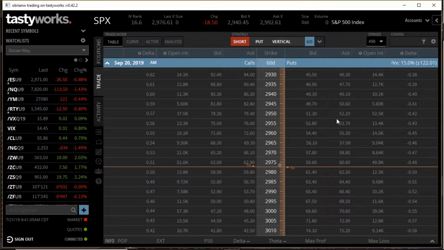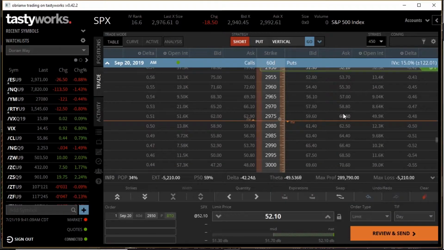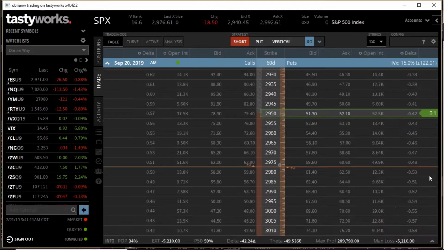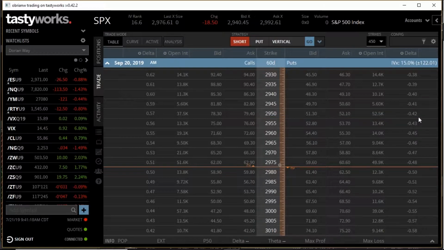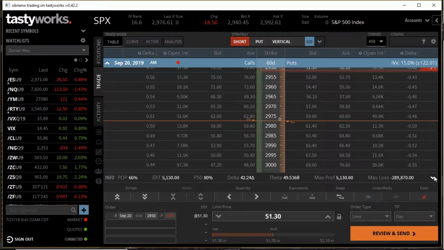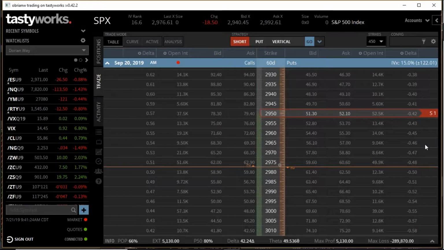So if we're looking at that $29.50 strike and we click on the ask, then it's going to turn green, and that's where we buy at. Okay, and if we sell at the $29.50, then it's going to be red, and that's where we sell at. And this same type of color scheme is going to be on the Thinkorswim platform, and it's the same type of concept.